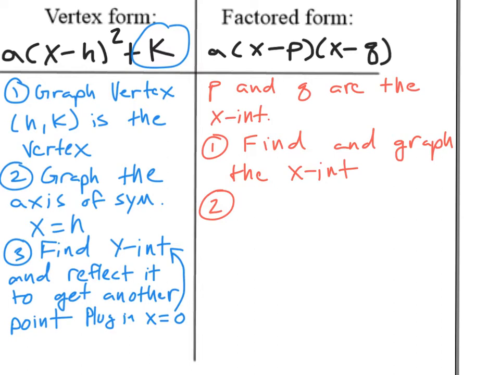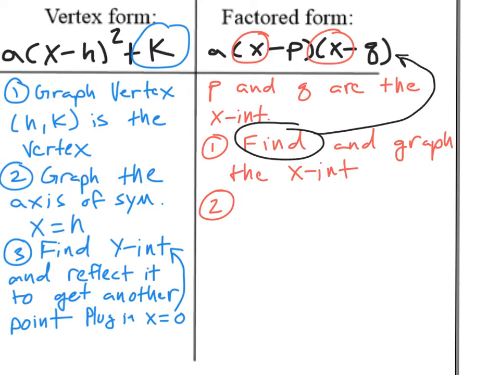I'm kind of setting this up so that A is just out front and there's no number with these x's in here. That could change. Just don't forget, if you need to find them, just set the factors equal to 0 and solve.